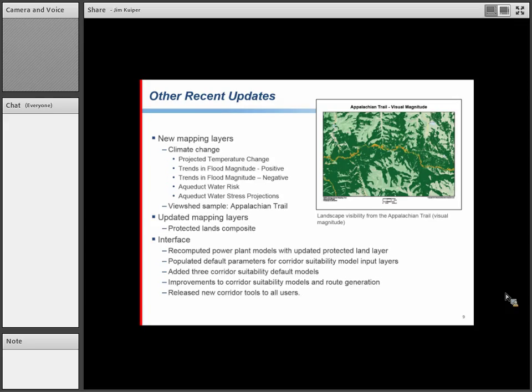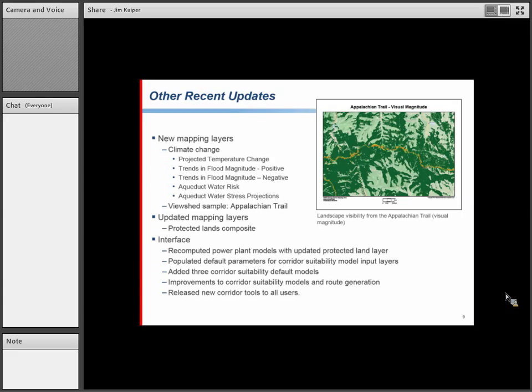There's also a protected lands composite layer that takes a lot of protected lands categories and ranks them by their sensitivity. We got some feedback from the National Park Service that some of the sensitivities of their properties were underestimated.